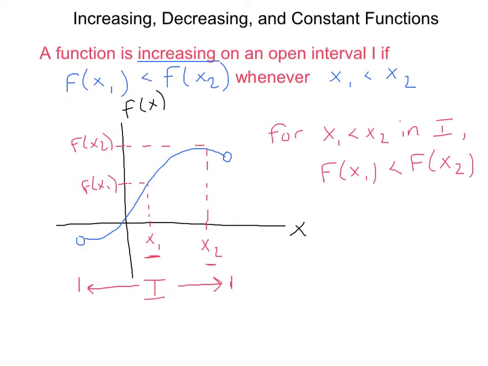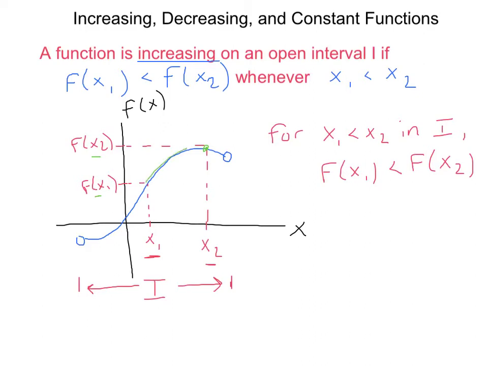Notice that f of x1 is below f of x2, which means as the x's are going out towards infinity, the value of the function is going up. And that indicates that as the x's are getting larger, the value of the function is increasing.